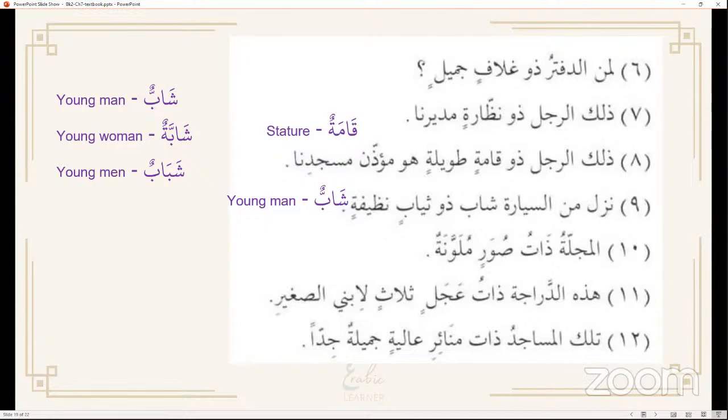Okay. هذه الدراجة ذات عجل ثلاث لابنه الصغير. So what the sentence is trying to say is: this bicycle with three wheels belongs to my young son.